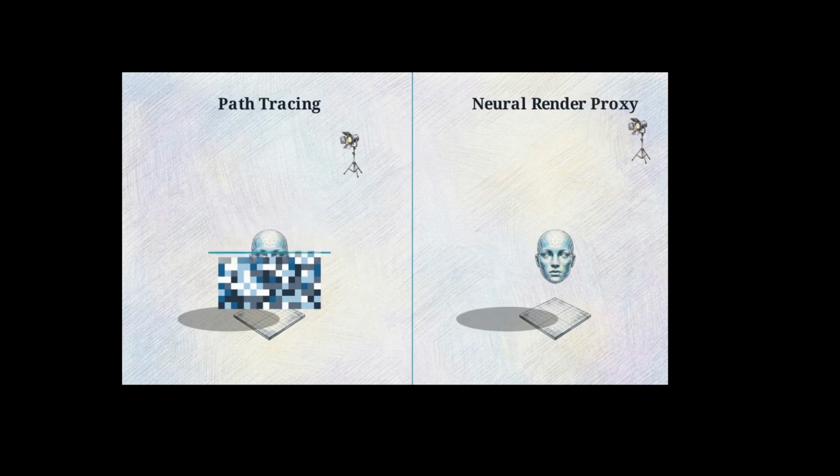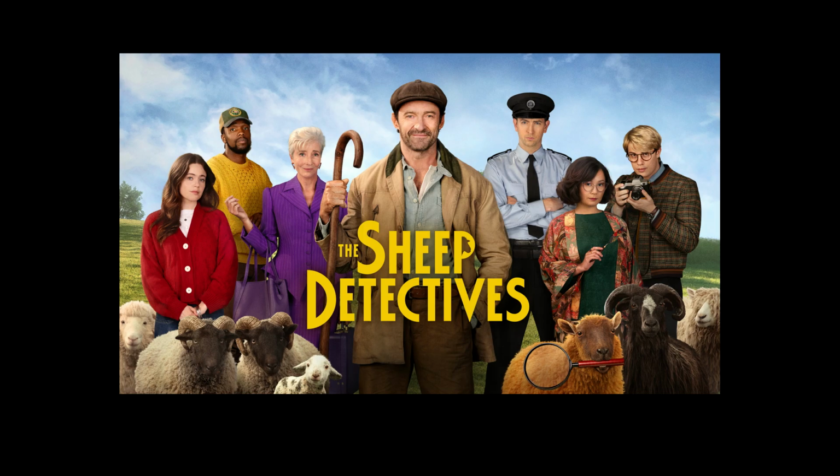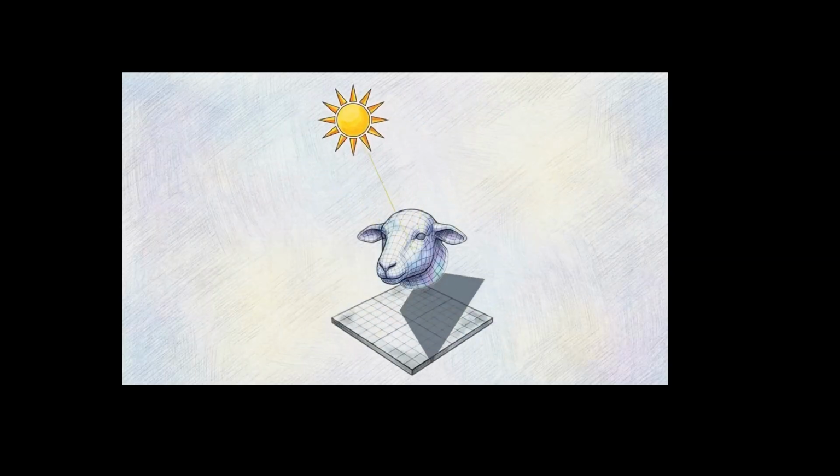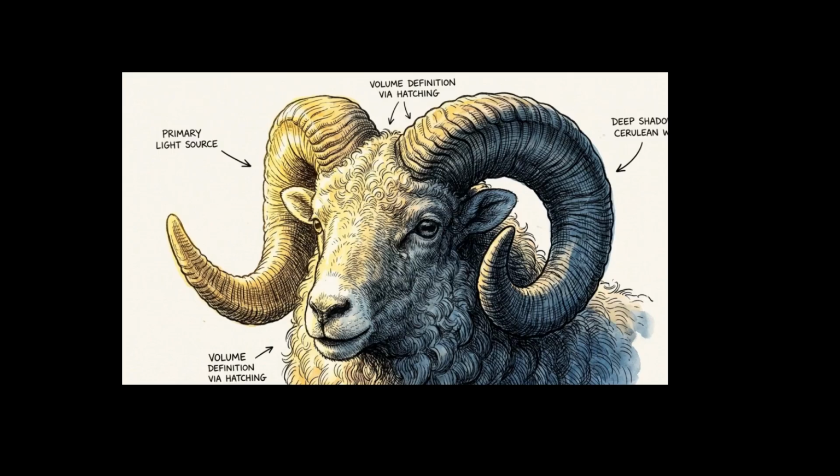Finally, one movie that has been getting praised this week is Sheep Detective. Besides having a surprisingly heartfelt story, the visual effects caught my attention. One interesting observation was the lighting. If you watch carefully, the sun direction actually changed between some shots, sometimes even between different sheep standing in the same scene.